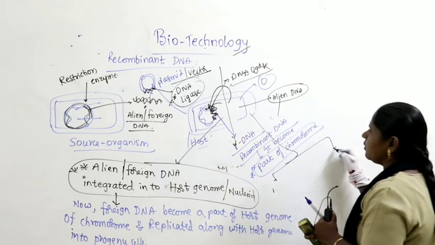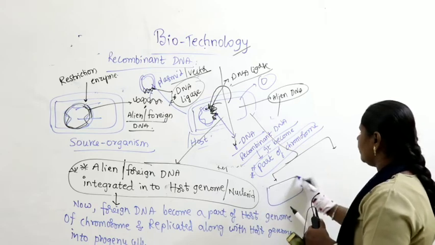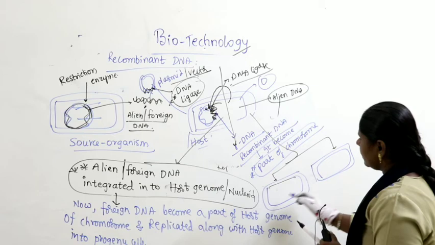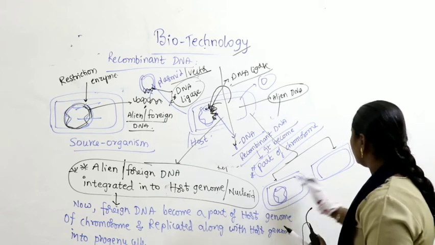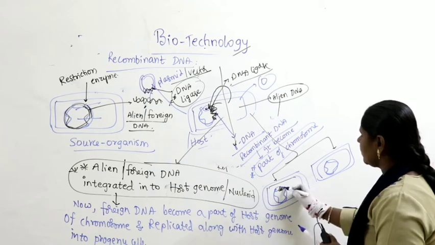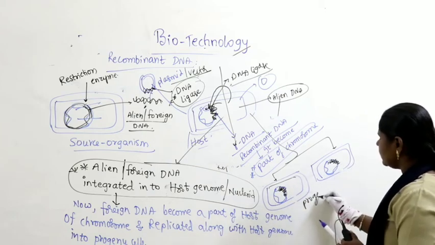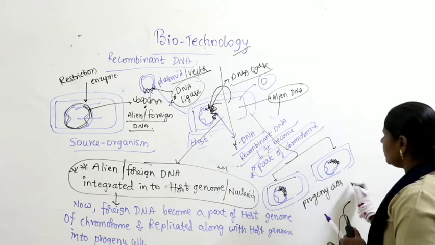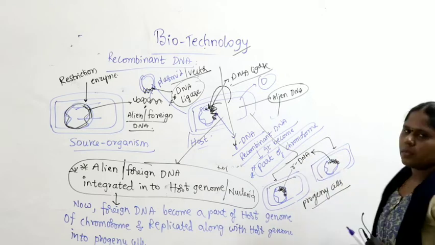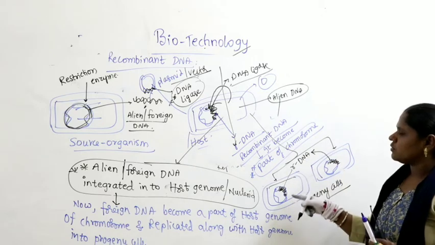As a result, it produces two daughter cells, and the two daughter cells have their own nucleoid, their own genome, like this. So the progeny cells also have recombinant DNA. That means it is able to replicate along with the host genome.